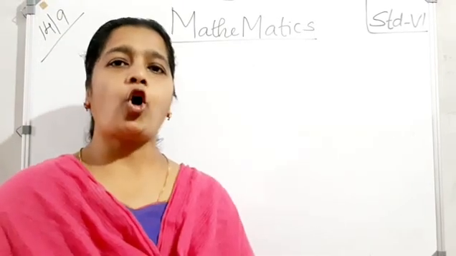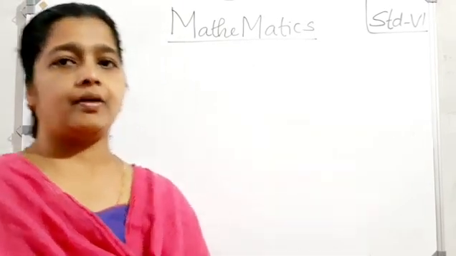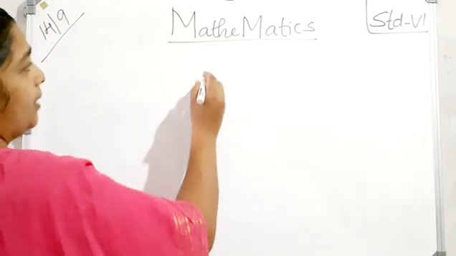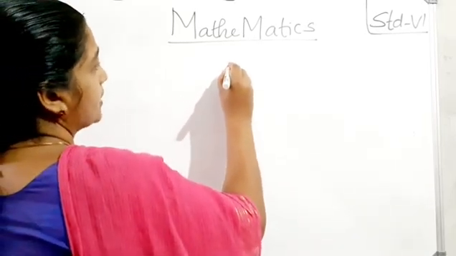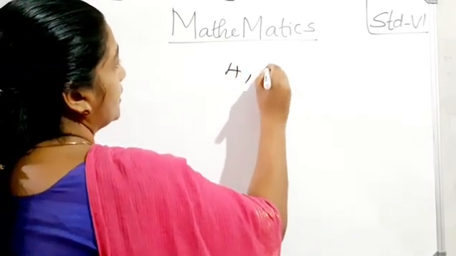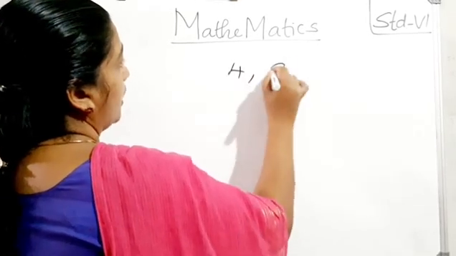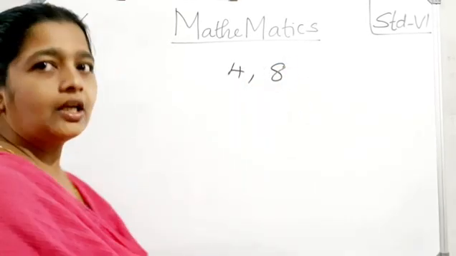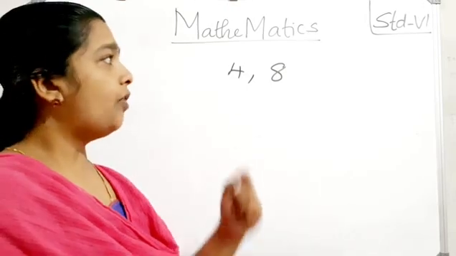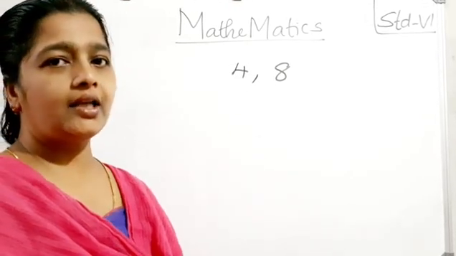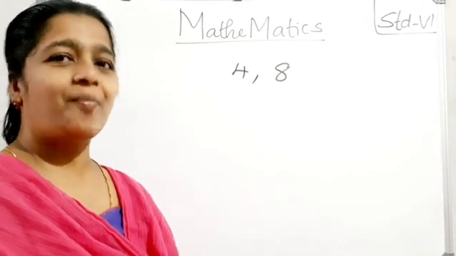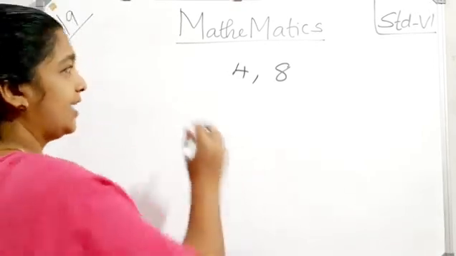Yes. Now the common multiples of given numbers. Example: 4 and 8. You want to write the common multiples of 4 and 8. How can we do it? Yes, the first step is the multiples of 4. Say the answer.